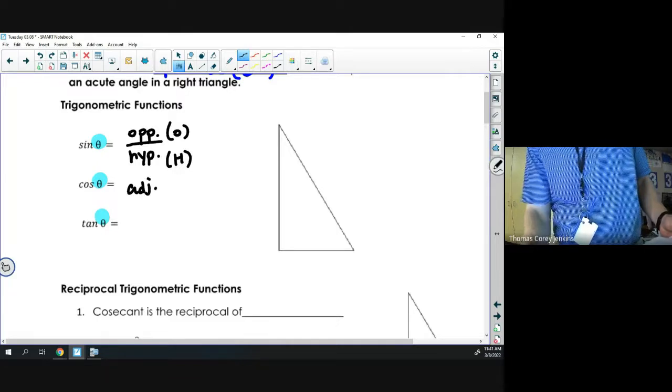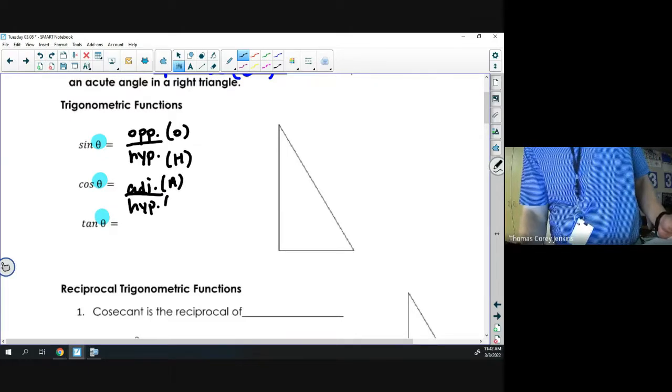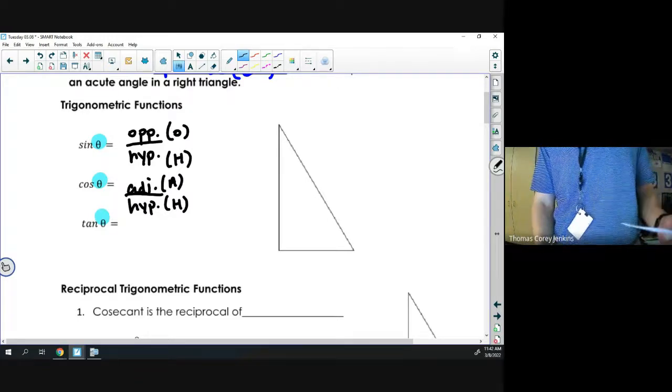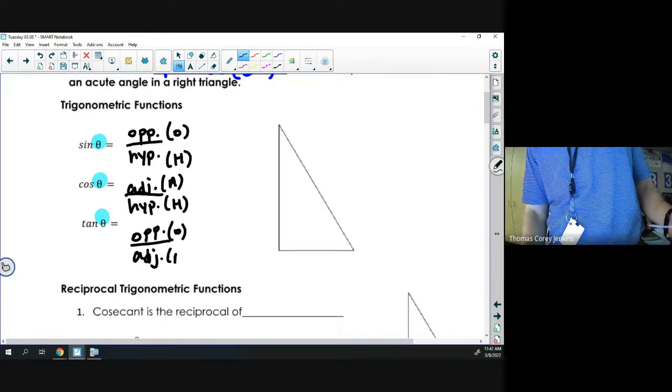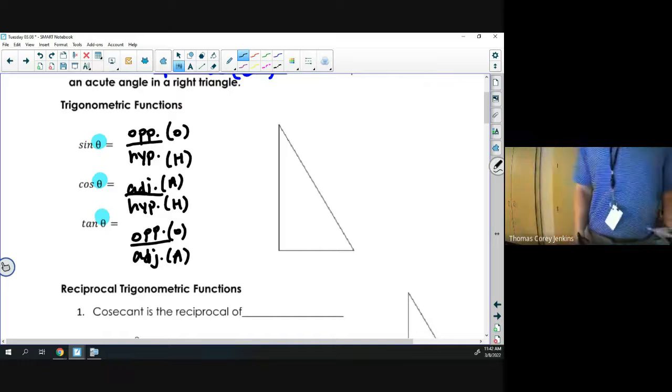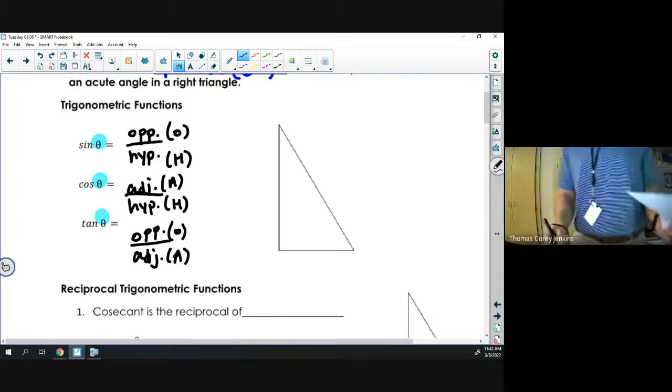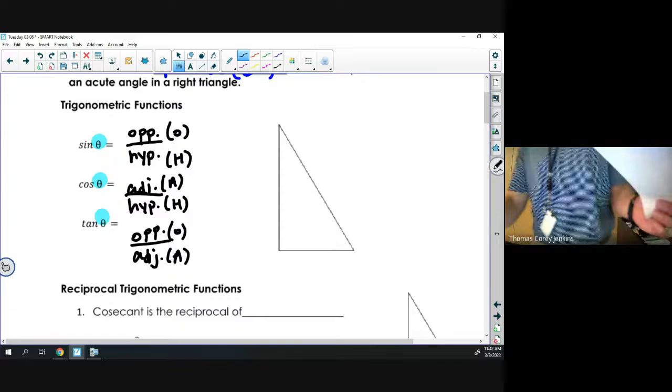I'm going to put ADJ over HYP, or just A over H. And tangent is opposite over adjacent, so I'm going to put OPP over ADJ, or O over A.